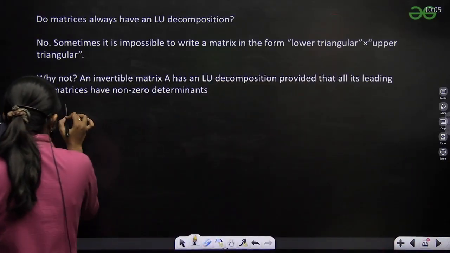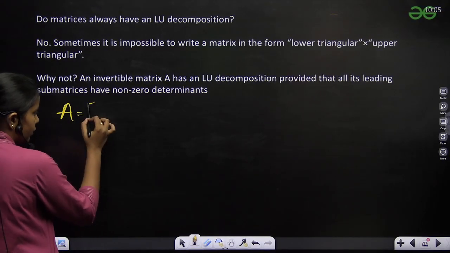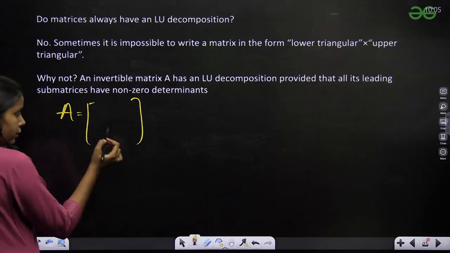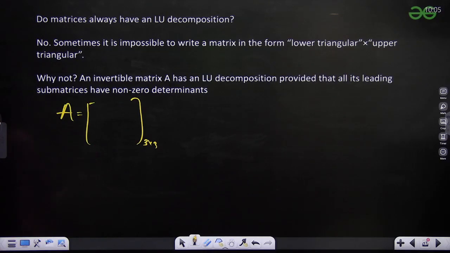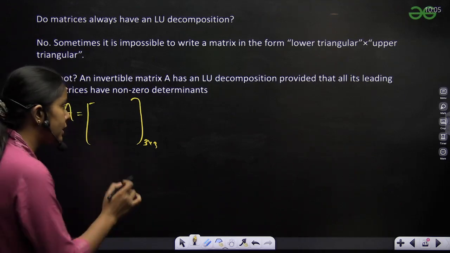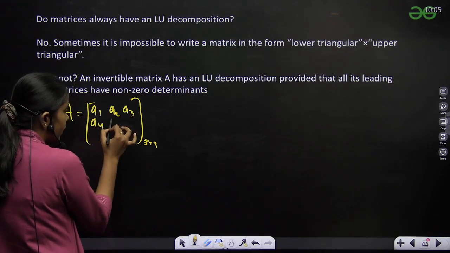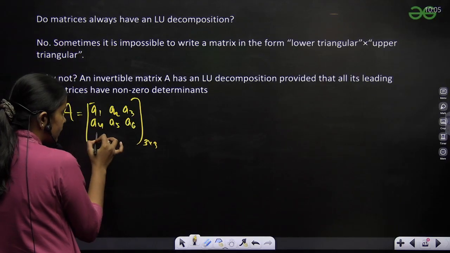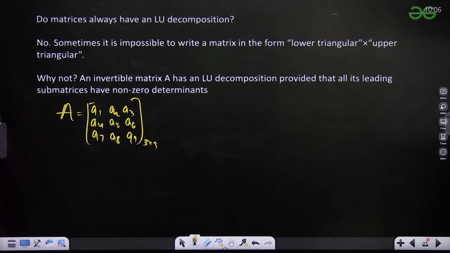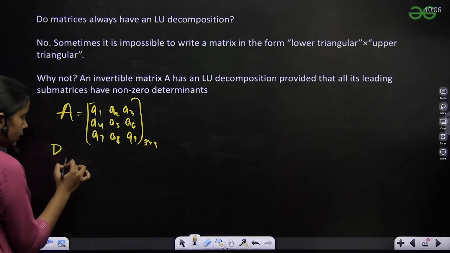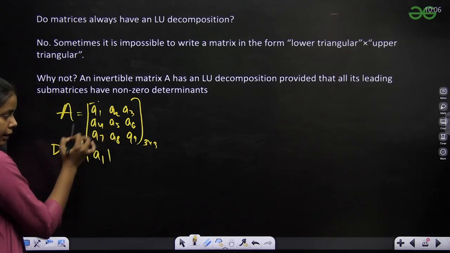So let's consider a matrix A. Let's suppose it is a 3 cross 3 matrix. Everybody knows what a principal minor is. Let's suppose we have A1, A2, A3, A4, A5, A6, A7, A8, A9. When I say principal minor, first we will take D1. D1 is 1 cross 1, which is on the main diagonal, A1.